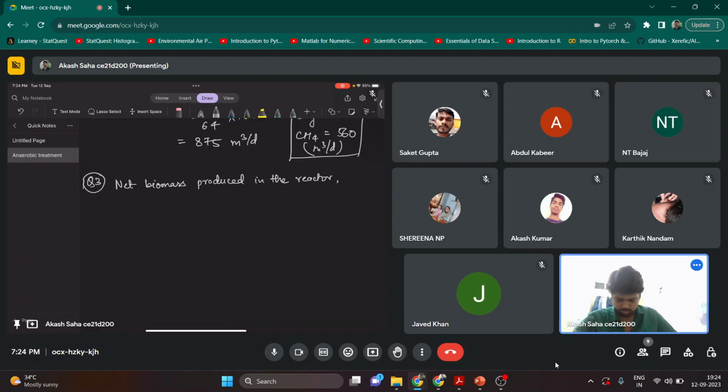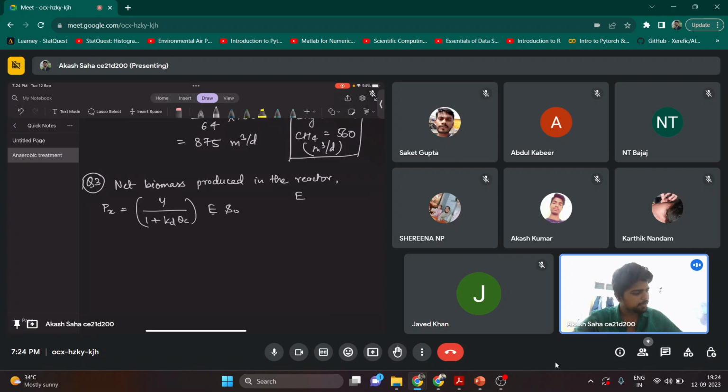If you see the net biomass produced, that is Px, first we have to find the Y observed value, as I told you before. The total yield value is given. If we divide it by 1 plus kd theta c, we will get the Y observed value, into E, the conversion factor, into S naught, that is my COD value.